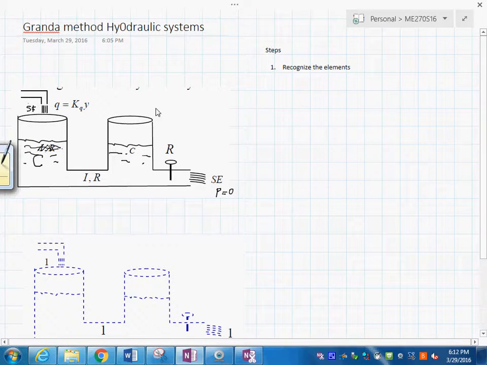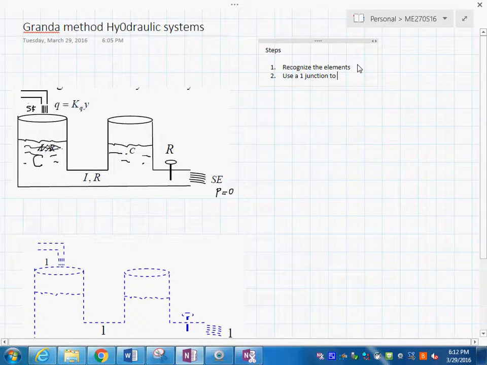The next step that we do is we use a one junction to represent the distinct flows.